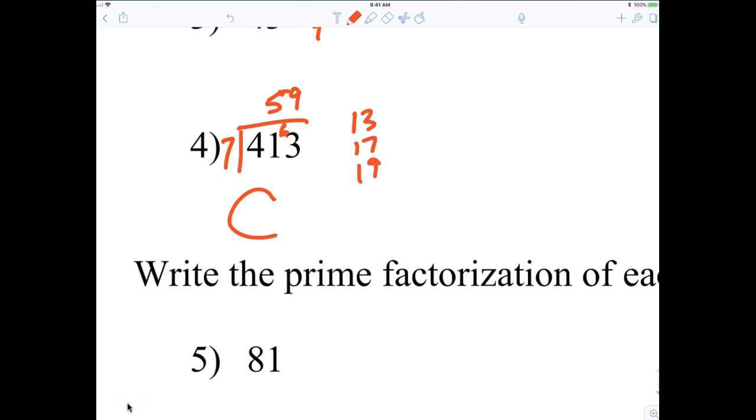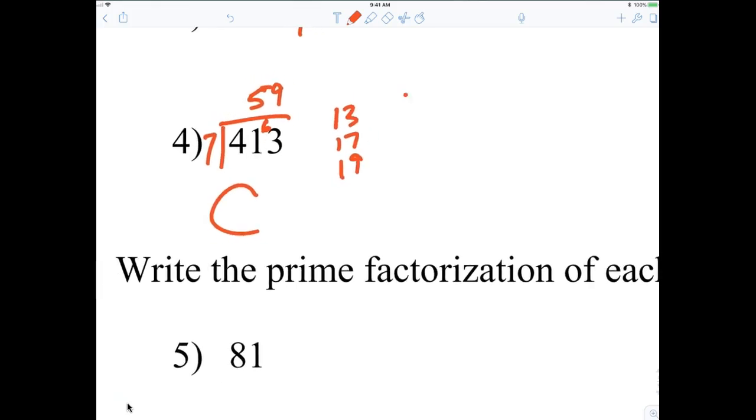7 times 59 is 413. Wow. You with me now? So I said originally it looks like it's prime because no number was easy to divide into it.